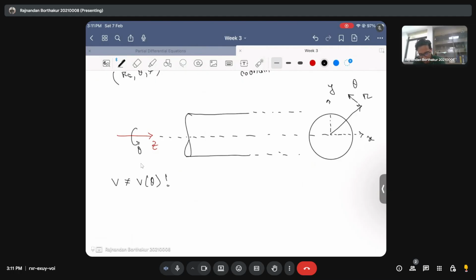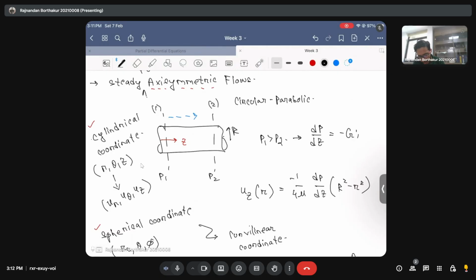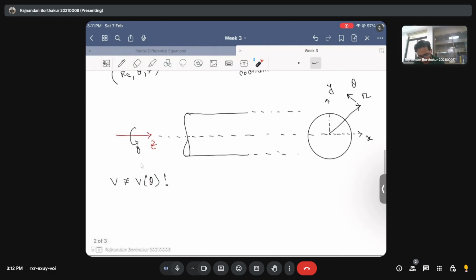Okay. In realistic terms, for instance, if I consider a flow that is flowing in this direction, and I say that the flow is axisymmetric, this means that if we move around the z-axis, I hope you can understand, maybe through this figure, my flow field is not going to change.